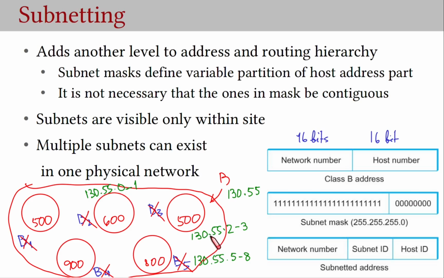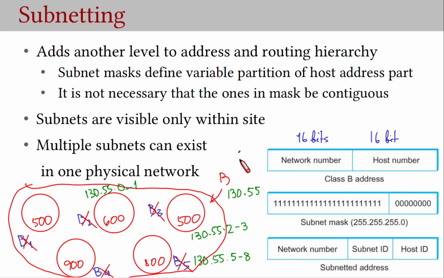This could be 130.55.2 to 130.55.3 and so on. And so what subnetting does is it allows us to reuse a network number. So we allocate IP addresses within the network number to several physical networks, and these networks are called subnets, short for subnetworks.